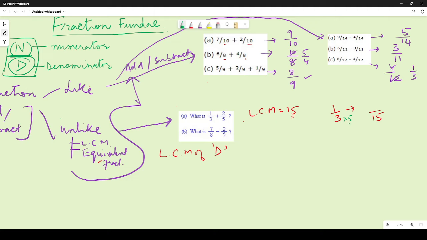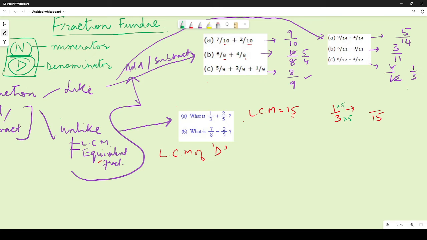Now, whenever you are making equivalent fractions, you are either multiplying or dividing the numerator and the denominator by the same number. That is how you are doing it. So if you are multiplying by 5 in the denominator, you have to multiply by 5 in the numerator as well.